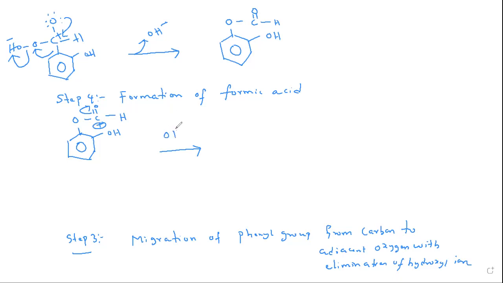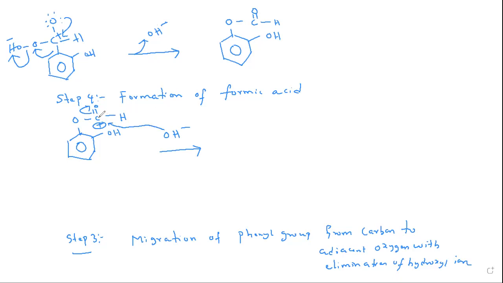So I will use OH minus here. Where are you getting this OH minus from? See, we removed OH minus in step number 3. So the OH minus which was eliminated in step number 3, I'm taking the same hydroxyl ion in the 4th step to stabilize this positively charged carbon. Now this OH minus is going to attack this positively charged carbon.